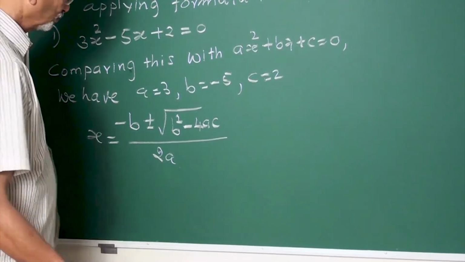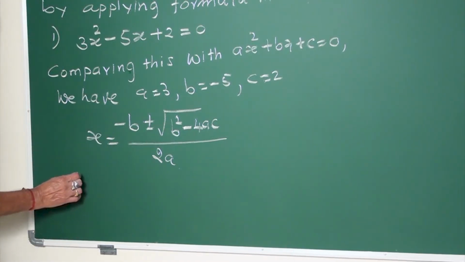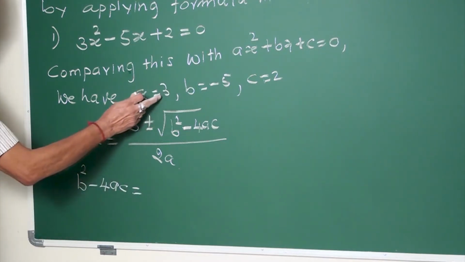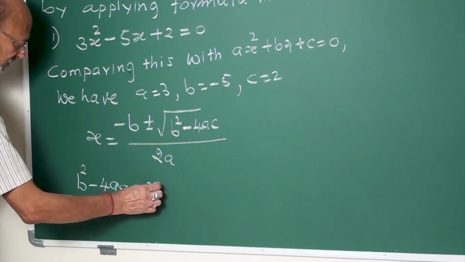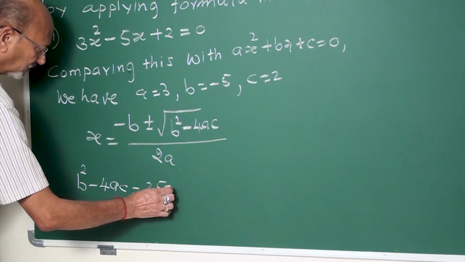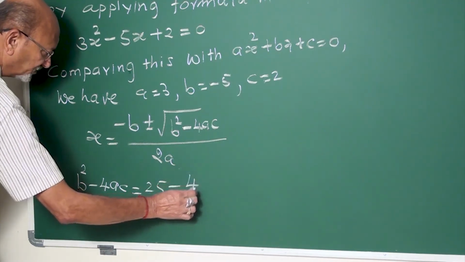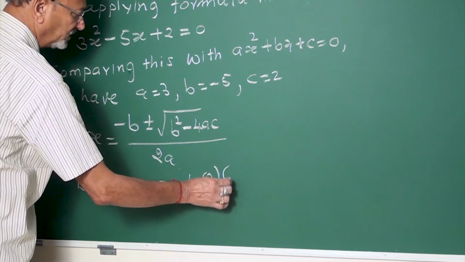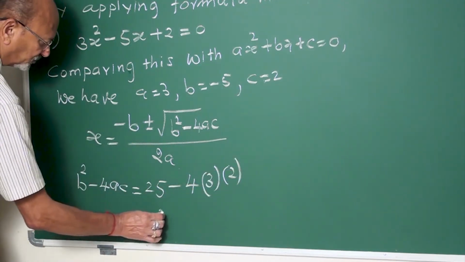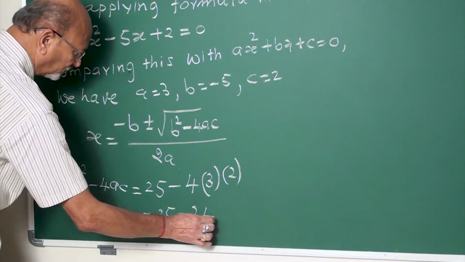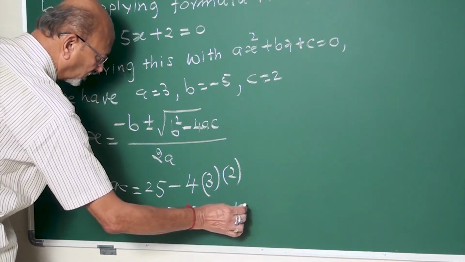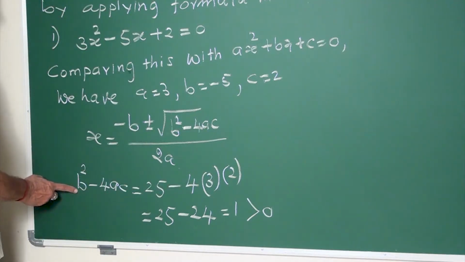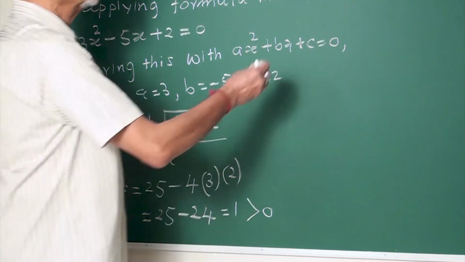So b square minus 4ac is minus 5 the whole square minus 4 into 3 into 2. What is this? It is 25 minus 24, which is 1. 1 is a positive number. This is positive means what? Roots are real.